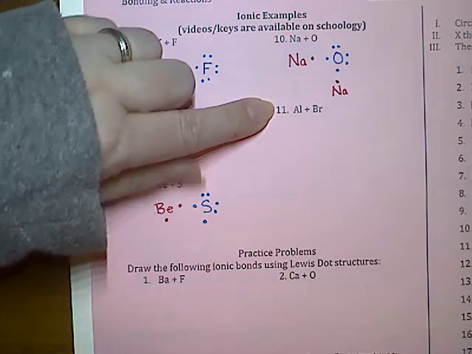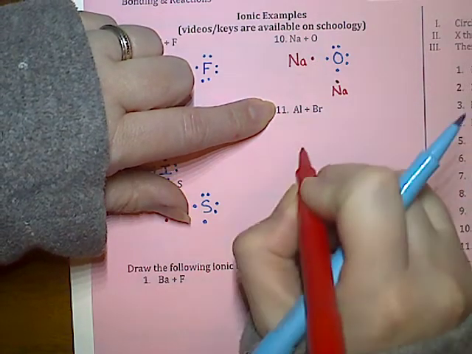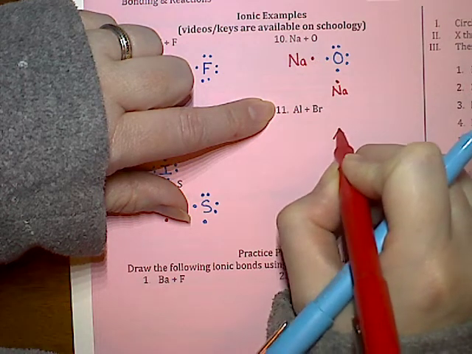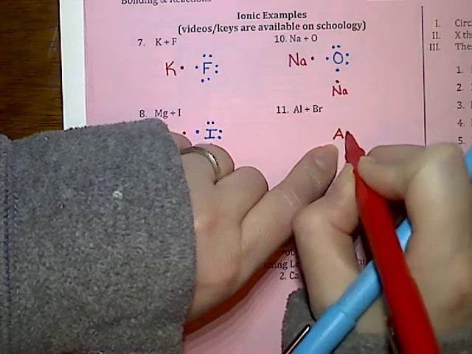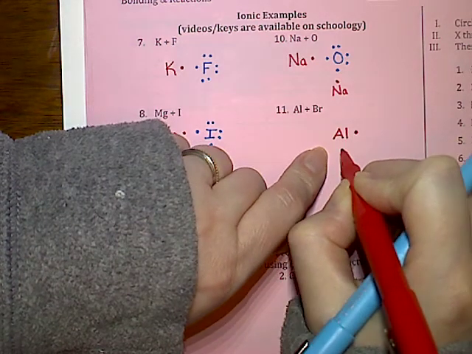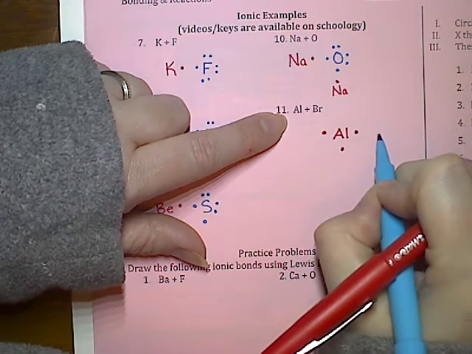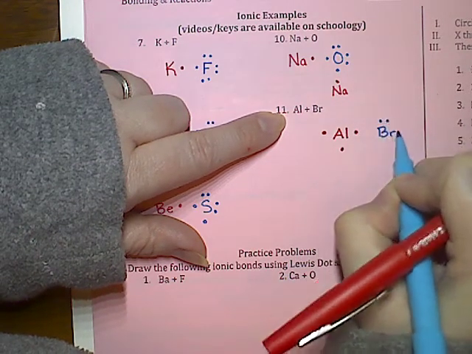And to show you how ugly it can get, this takes up a lot of space. We have aluminum. And I'm going to go towards the center here. I'm using that second block in if you see through your paper. It has 3 dots. I'm going to work down low. Bromine is on the right side of the periodic table with 7 dots.